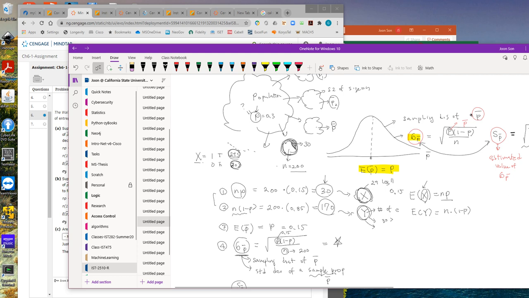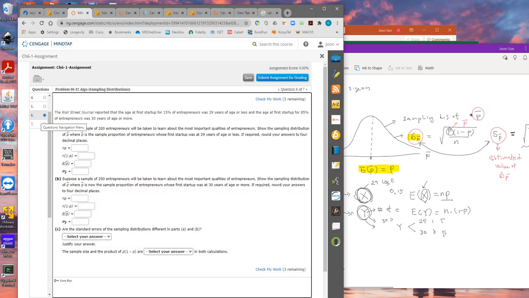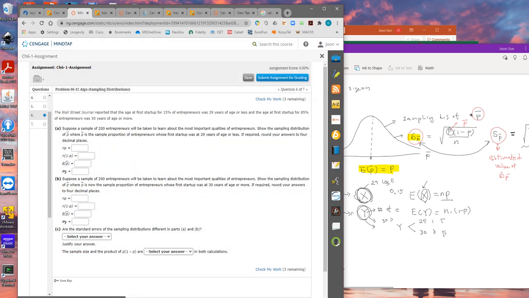Of course, y follows the binomial distribution, because there are only 2 events: age 29 or less, and 30 or more. So it's 1, 0, true or false. That's what it really means. So I'm pretty much done with problem 6, and let's move to problem number 7.